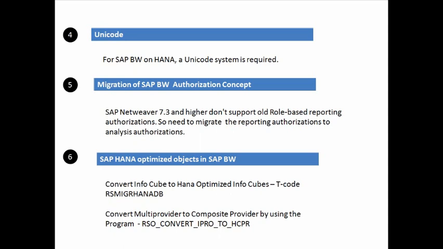The queries also move to the composite provider; the name gets updated and all queries will be moved. I'll run the program to show you. You copy the queries from that MultiProvider to the new composite provider. The MultiProvider gets converted as a composite provider, and the queries also move to it.